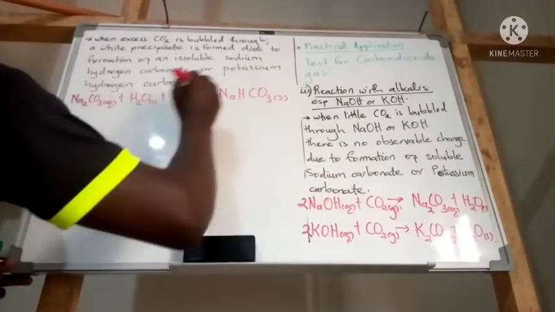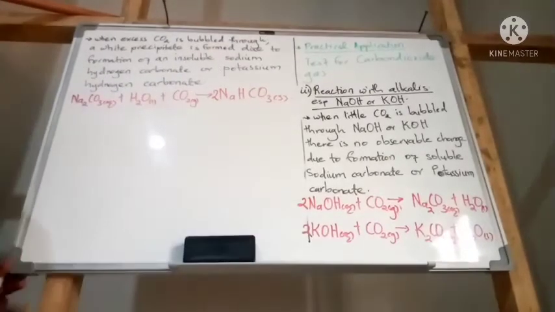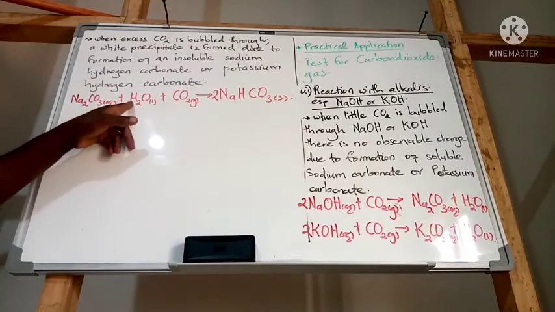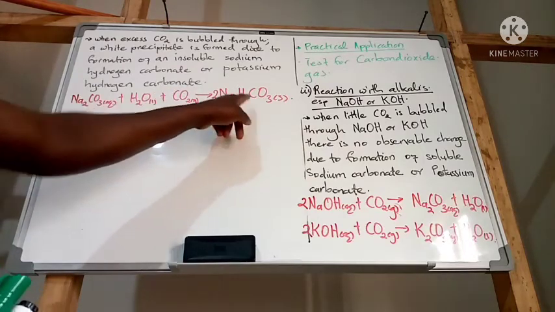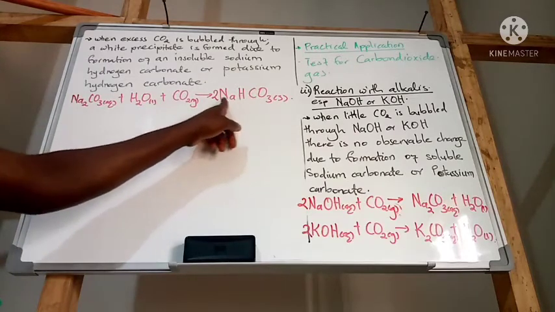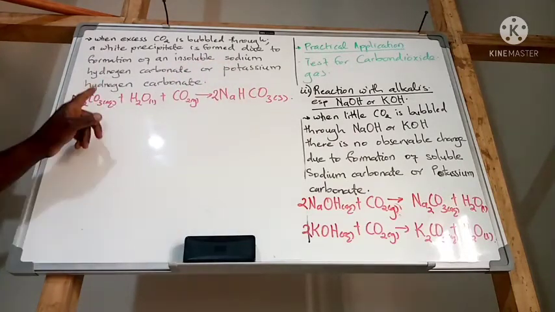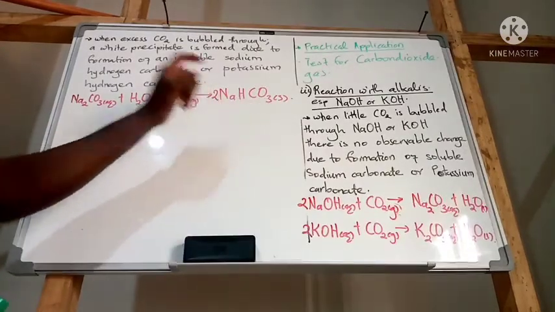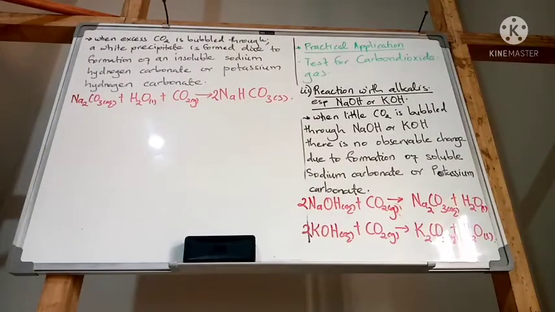Since sodium is 2, I'm multiplying sodium hydrogen carbonate by 2. Hydrogen is 2, even here hydrogen is 2. Carbons are 2, even here carbon has been multiplied by 2. Oxygen is 6, even here the 3 have been multiplied by 2 and they are 6.